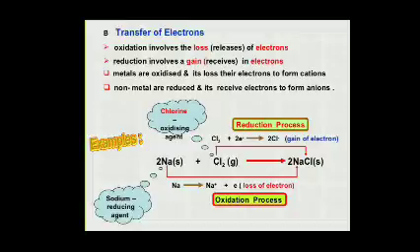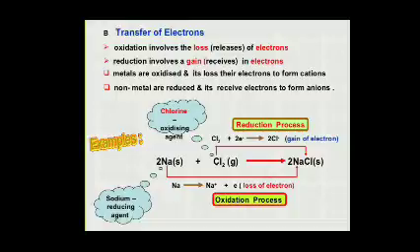Na(s) means sodium in solid state. The sodium loses an electron from its valence shell to form Na+. Na gives Na+ plus 1 electron. This loss of an electron is an oxidation reaction.